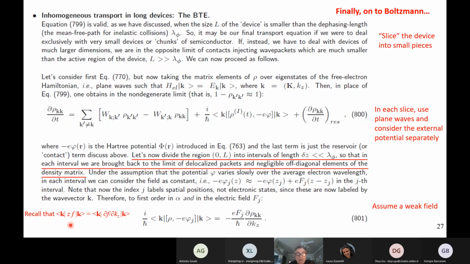But now remember that multiplication by z in Fourier space, because I'm taking the Fourier transform by taking the matrix element among the plane waves k, is equivalent to taking the derivative with respect to k_z, much as in Fourier space multiplying by momentum means taking the derivative with respect to the coordinate along the direction of the momentum. So what we have is that this term becomes simply proportional to the electric field and the gradient in k space of the density matrix.